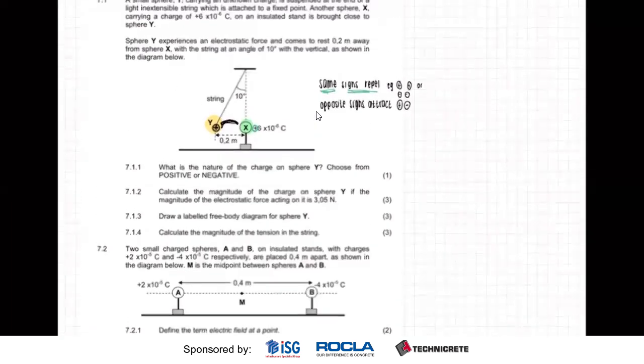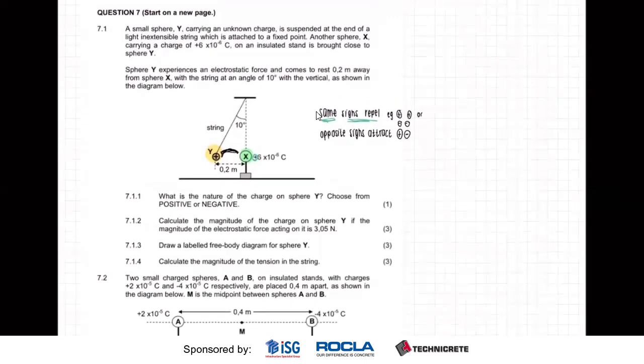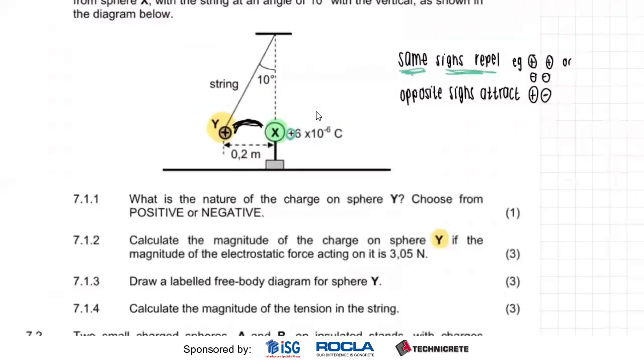So moving on to the next question, we are told to calculate the magnitude of the charge on sphere Y, which is the yellow-orange one, if the magnitude of the electrostatic force acting on it is 3.05 newtons. So what is this force?